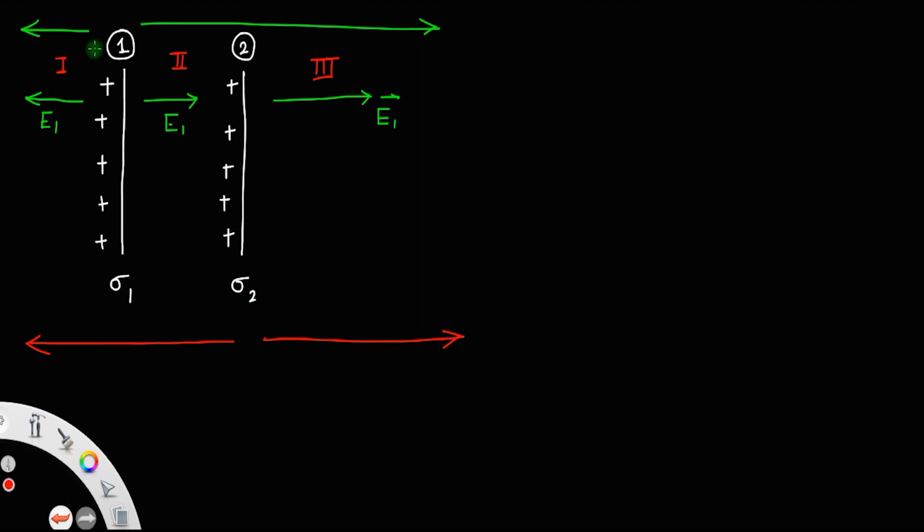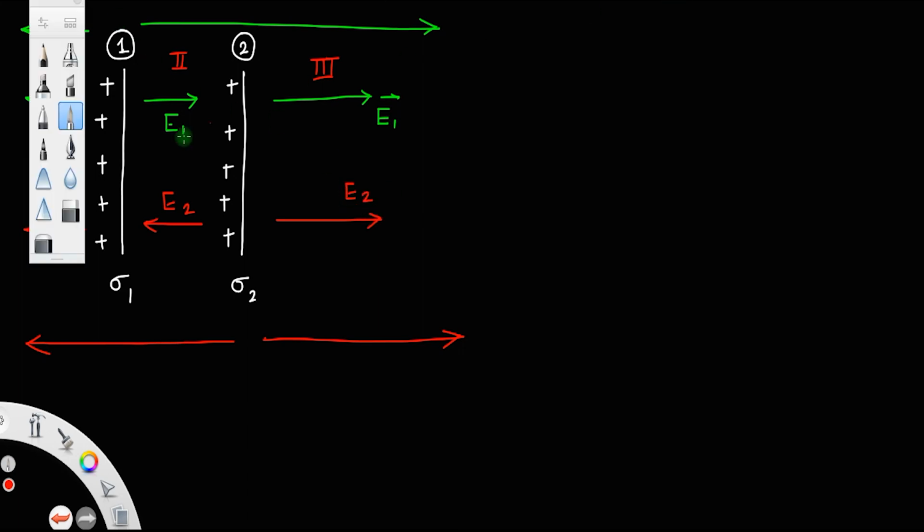So in the region 1, it is away from the sheet 2 and towards the left, E2. And in the region 2, it is away and towards the left, E2. Region 3 is on the right side of the sheet 2, so the electric field is in this direction. Clear? Let me erase these two.